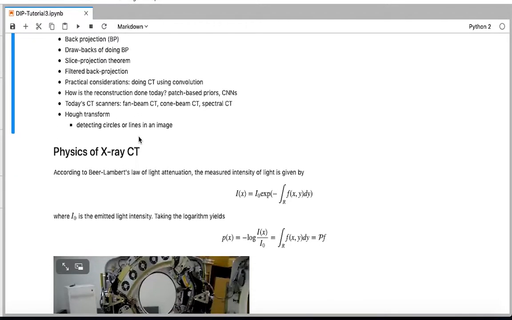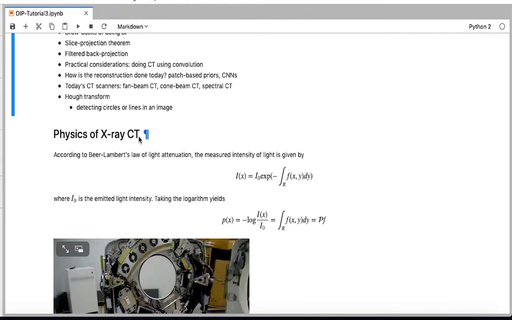So I'll just show you. If you're sending light with intensity I0 from the transmitter, the light attenuates according to Beer-Lambert's law. What this says is, if you have an initial intensity of I0, the attenuation happens at the exponent.